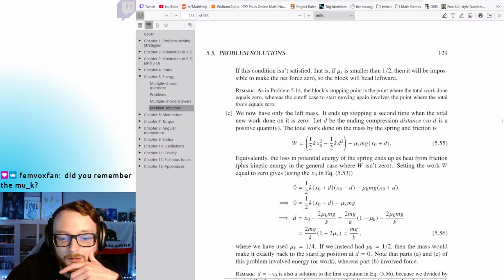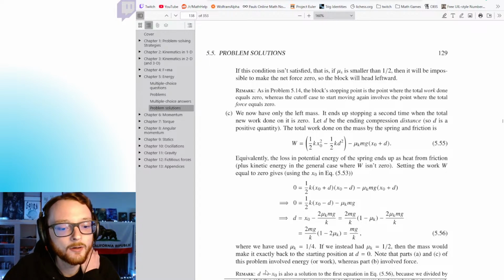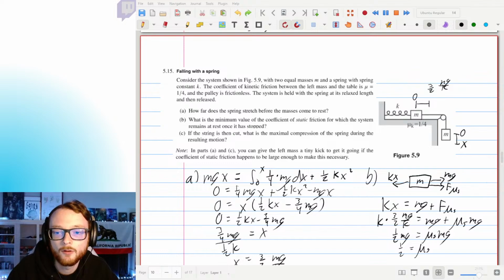I can't tell from their phrasing. It must be that D is measured relative to relaxed length based off this being the answer. Or like, they just say that D is the answer. Tertar, x0 is basically the length at the end of part A, like how far it gets stretched to the right before you cut the string.